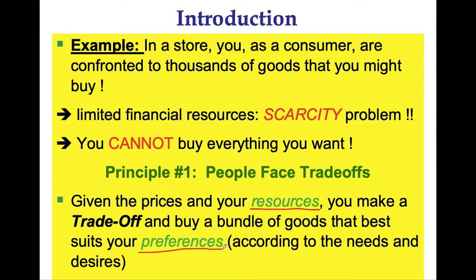So the choice is also based on a second factor, which is preferences. The first factor is resources, and the second factor is preferences. And these two factors explain the quantity or the combinations of goods that the consumer would buy.